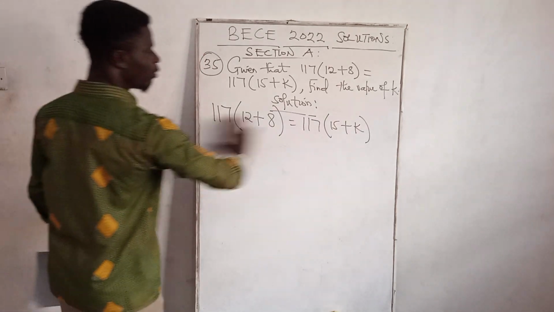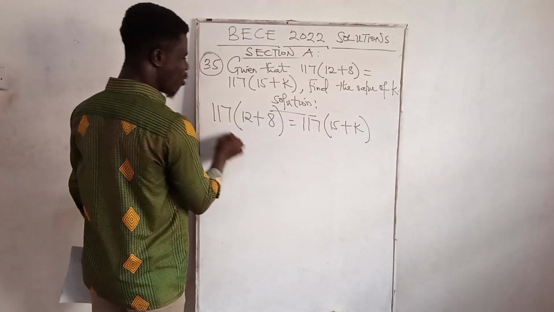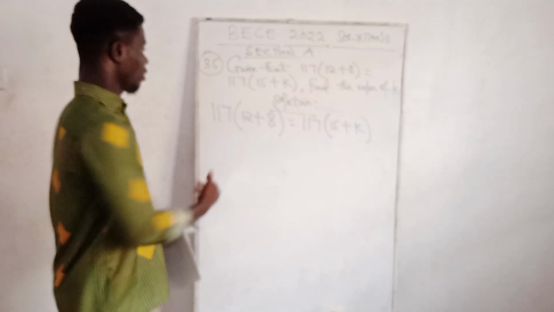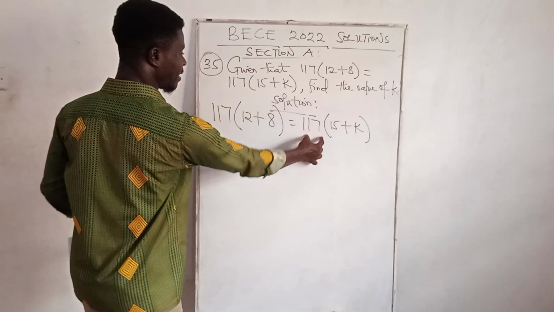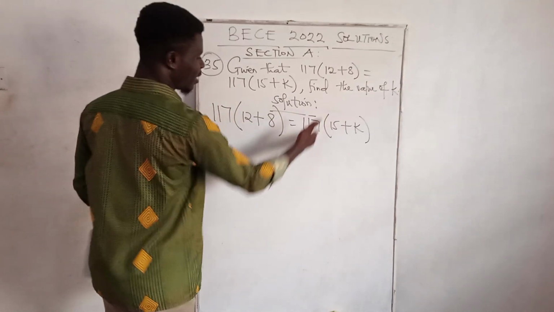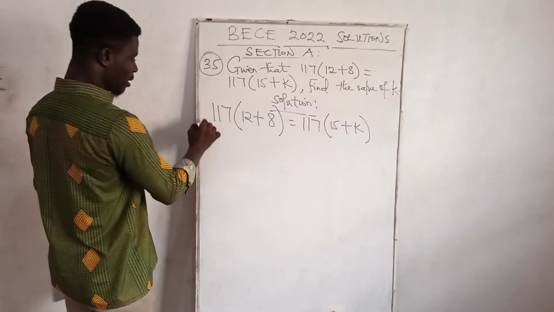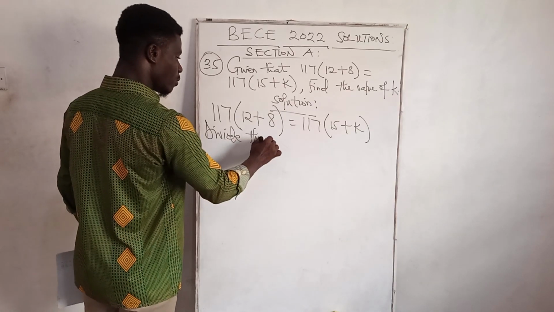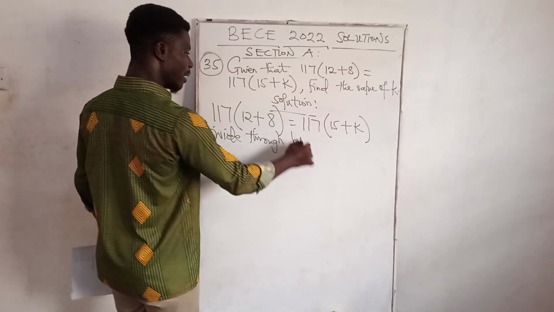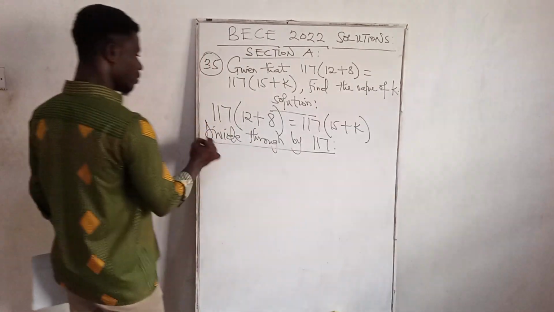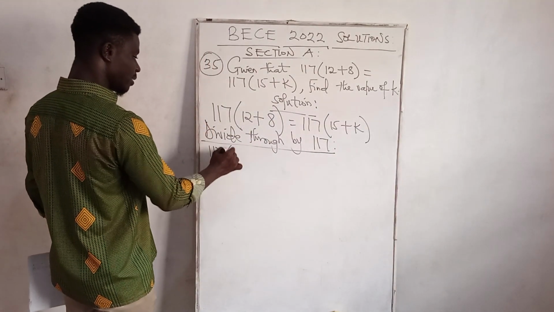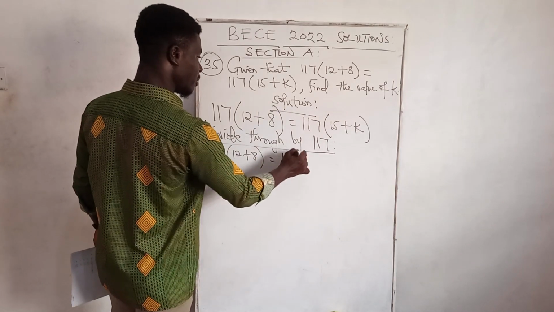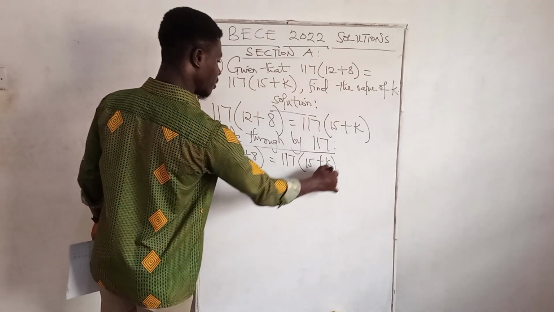So now we can divide both sides by 117. Don't multiply, because when you multiply, the numbers become very huge. Just divide by 117, because I can see that this one can cancel that. So I get 117 times 12 plus 8 equals 117 times 15 plus k.